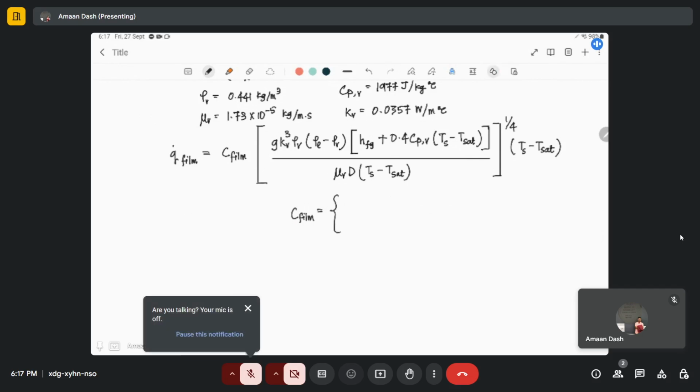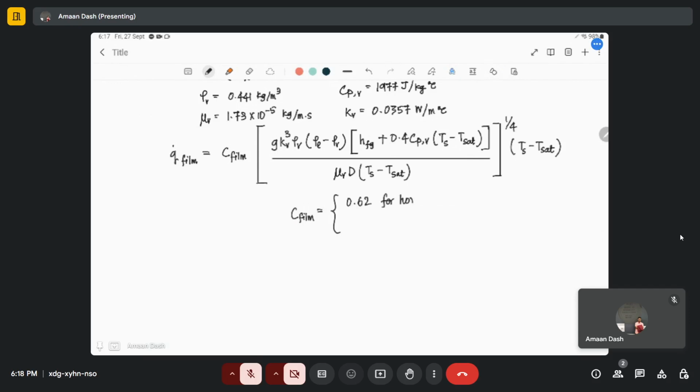It is 0.62 for horizontal cylinders and 0.67 for spheres.